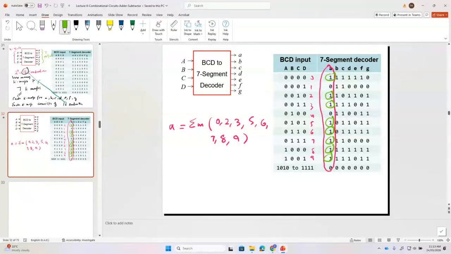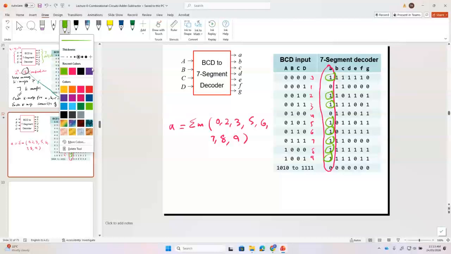Professor, isn't A also plus sigma D? A what? Sigma D? From 10 to 15, it's not sigma D, because we do not want that. From 10 to 15, all of them are 0. Is it a don't care? No, it's not a don't care.